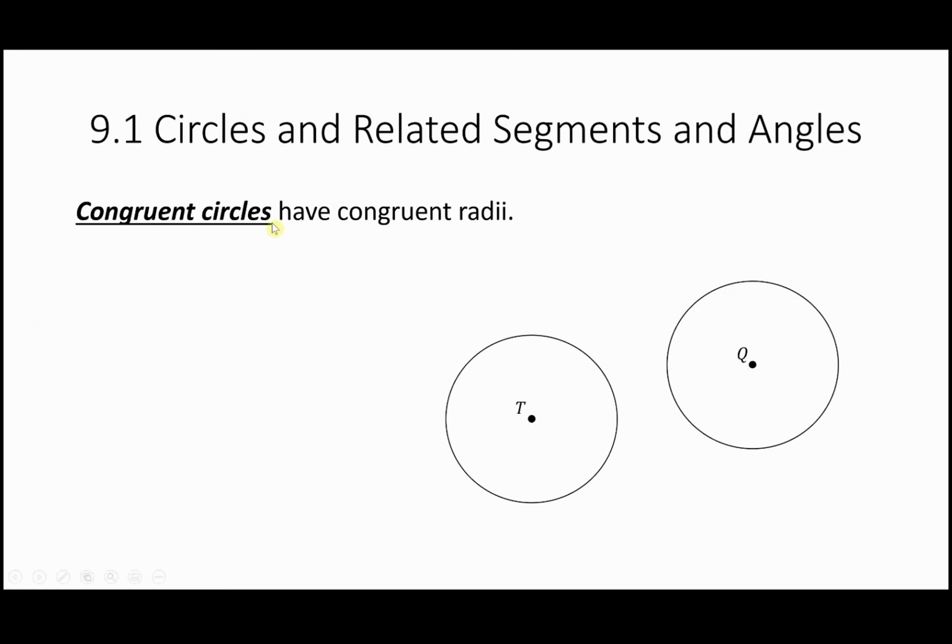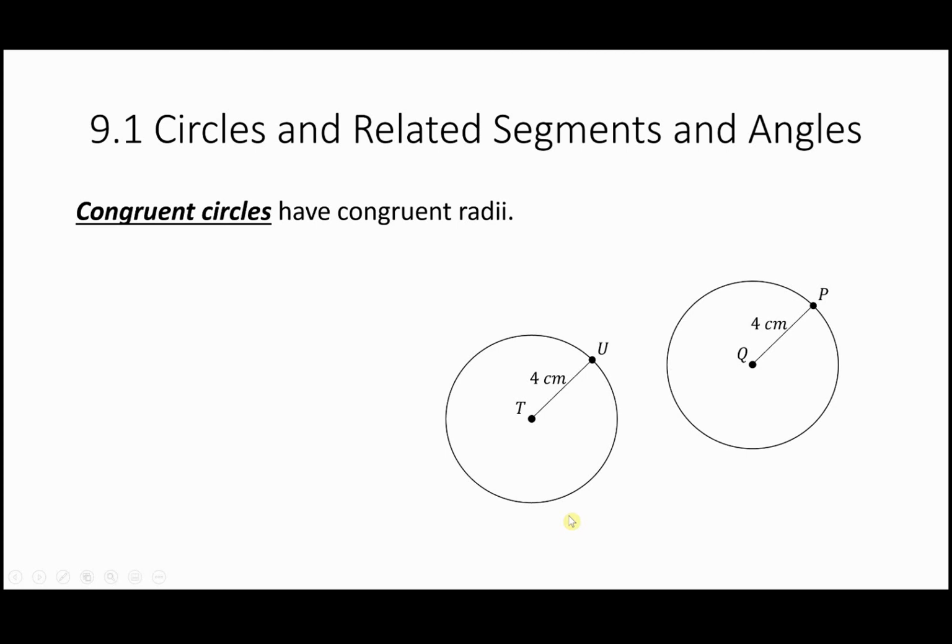Congruent circles. Congruent circles are defined as circles that have congruent radii. So please note circles T and Q presented here and also on your lecture notes. Draw yourself a radius in each one of those circles. You can call the radius on circle Q TU, and let's say we drew another radius also on circle Q and called it QP.